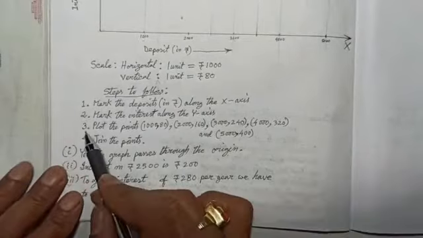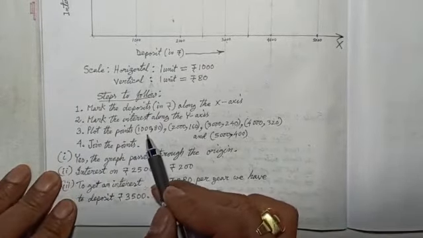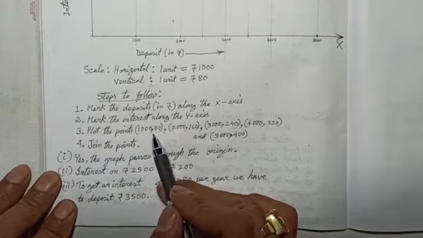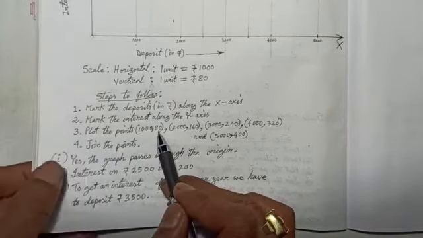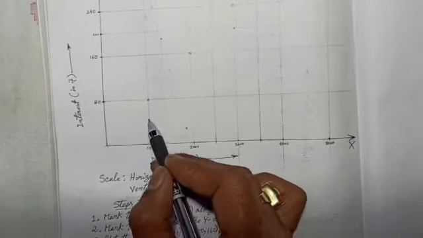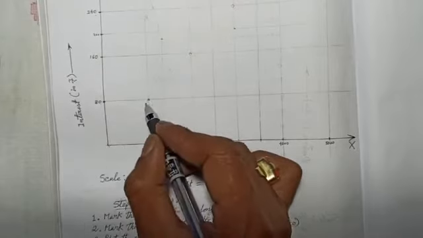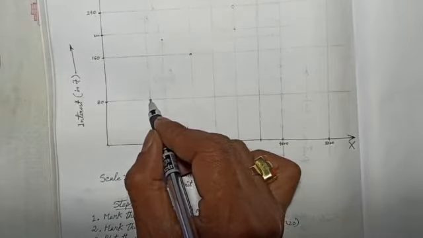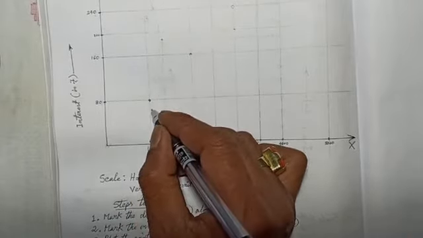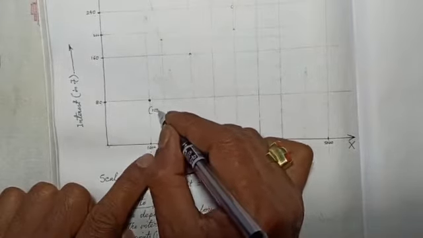Now step number 3, plot the points. 1,000, 80: this is 1,000 and this is 80. So here is 1,000, drawing one perpendicular line, and here is 80, drawing another perpendicular line. The two intersect here, and this point is the coordinate of 1,000 and 80.